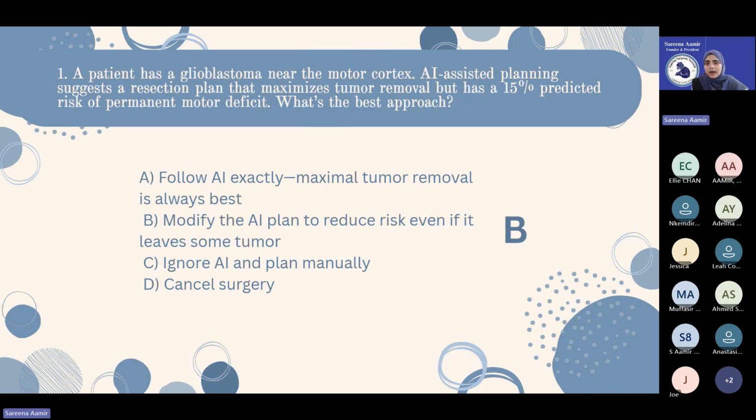The tumor may grow back again, but we can always do some surgical intervention and prevent that from occurring again. But removing the tumor and causing permanent damage is worse in a sense.